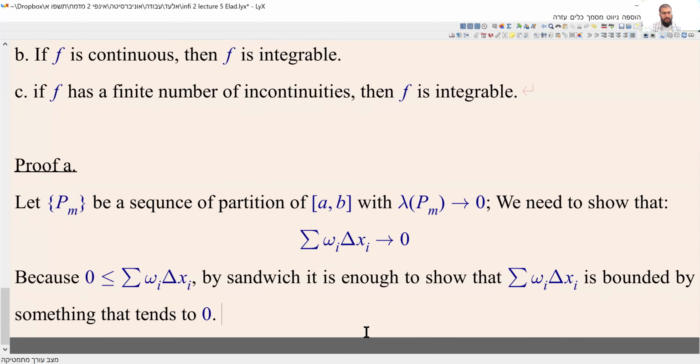We don't have to work with the expression itself. We can look at a greater, probably simpler expression that goes to 0. And the sandwich rule will give us that the sum itself goes to 0 as well.